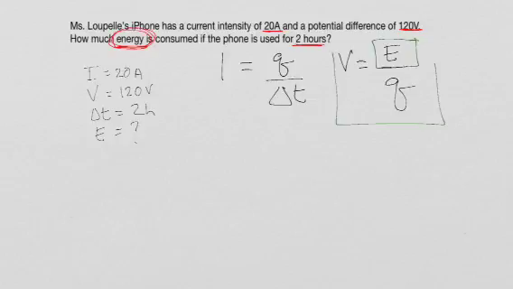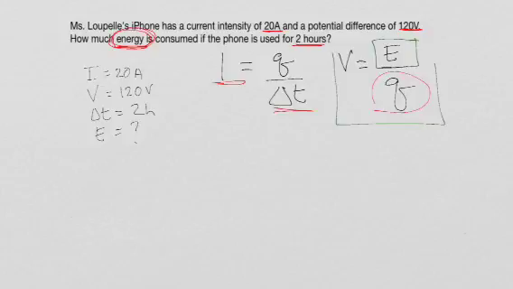I can't right now because I'm missing 2 of my 3 variables. I don't have this one and I don't have this one. So I can't do that. But I know that I can solve for this one using another formula. I can use my current intensity formula because I have my current intensity and I have my time, right?